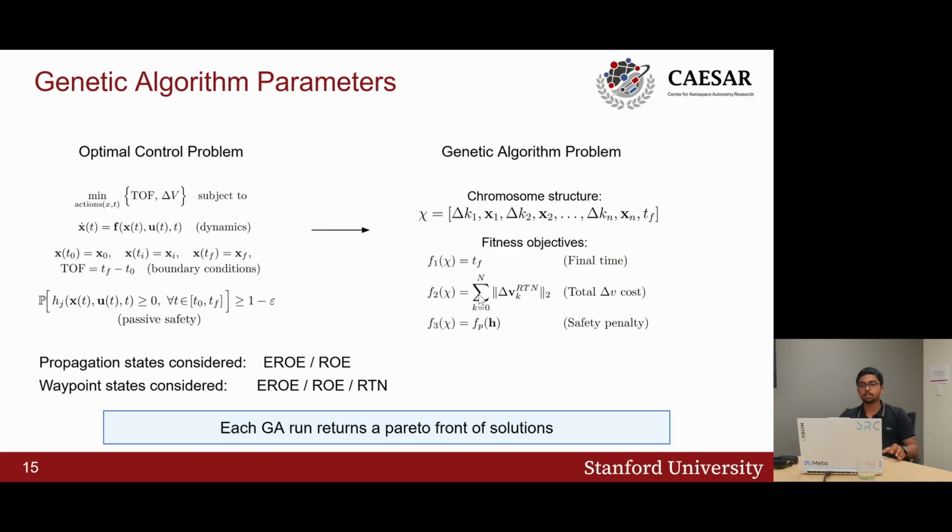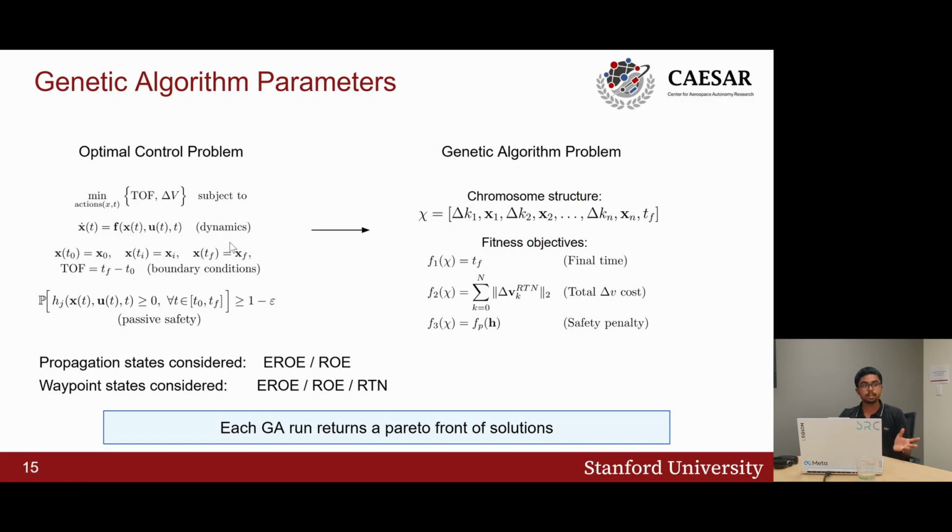So let's try to understand what GA is exactly trying to do. Initially you have this optimal control problem. Two of the main objectives that we need to be concerned about are time of flight and the fuel cost. And we want to satisfy a lot of constraints, and the main ones are the dynamic constraints. You may also have certain boundary conditions. You want to go through certain waypoints, and you want to make sure that the trajectories are safe and don't collide.